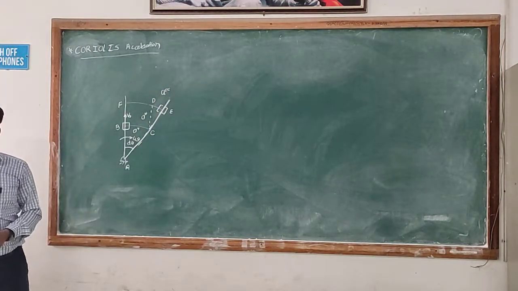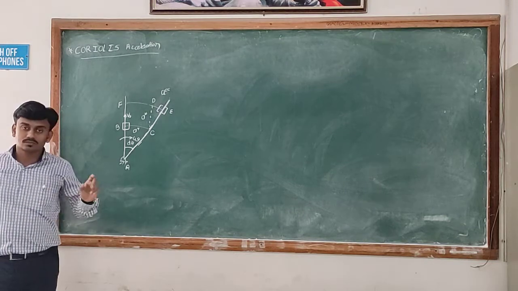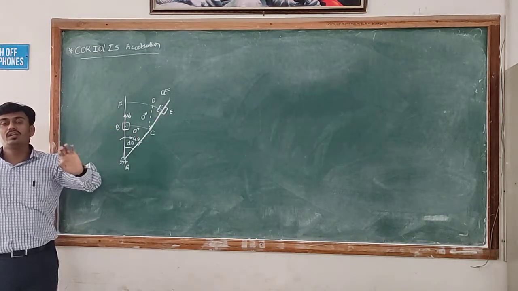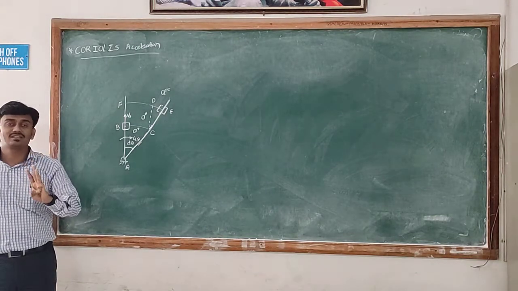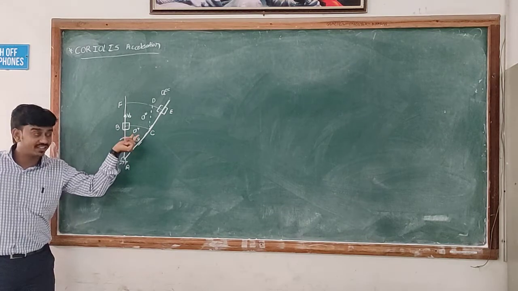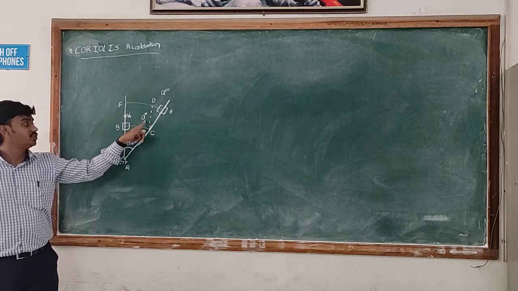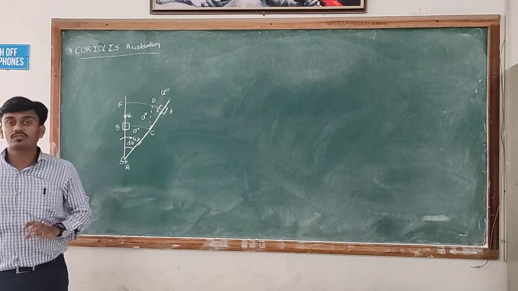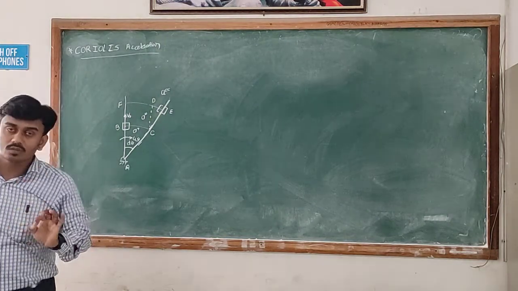So from B to C it is tangential acceleration, from C to D normal acceleration, and from D to E the Coriolis component.